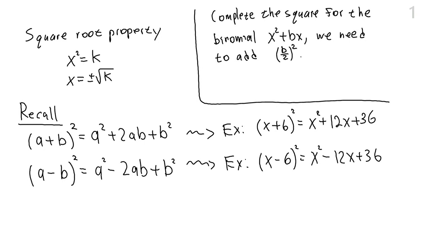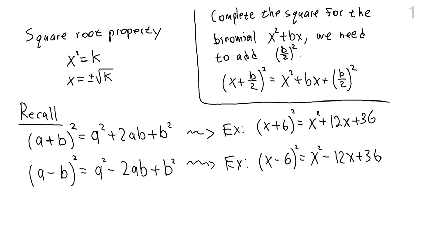And now we can't just go adding things all over the place. Whatever we add to one side of the equation, we must make sure we add that to the other side of the equation. And so what's going to happen is we have x plus b over 2 squared. Now b can be positive or negative, so it can be either one of these examples. It is going to be x squared plus bx plus b over 2 squared.